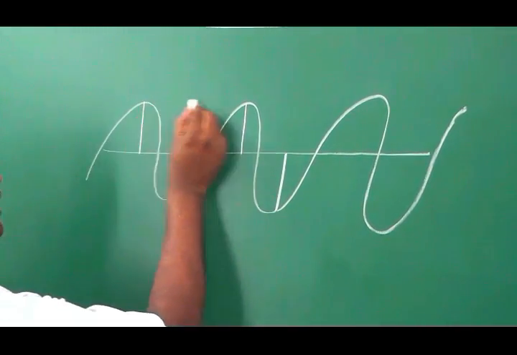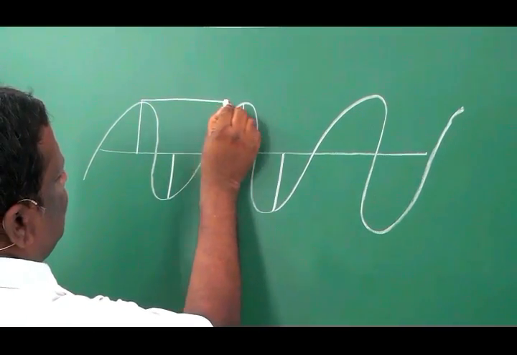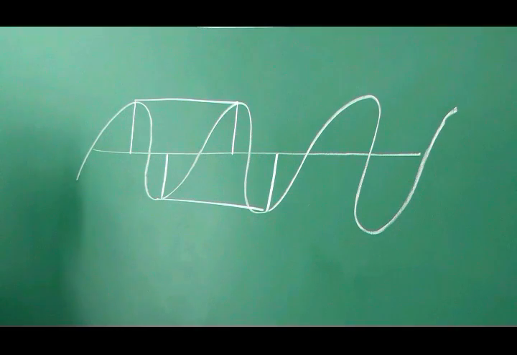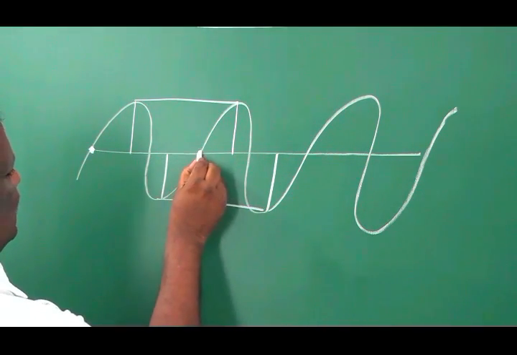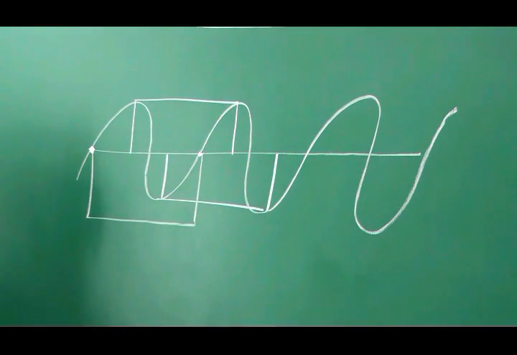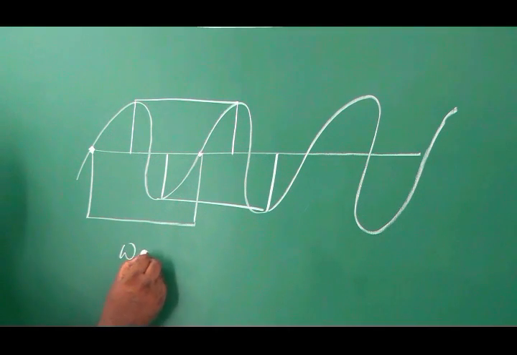This is one wave and this is another wave. The distance between these two waves is this, or the distance between two adjacent similar points. This is said to be the wavelength.